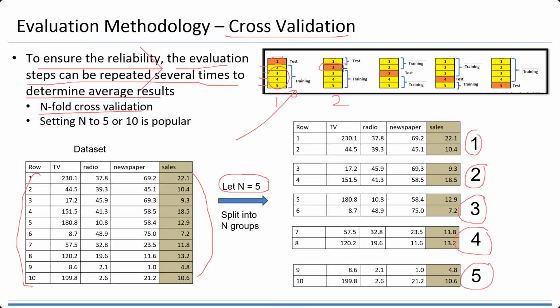The second group will be the testing, and then the remaining will be the training. This is the third iteration. The first and second, fourth and fifth will be the training, and the number 3 will be the testing, and so on. So we will do the repetition until 5 times. This is what we call as n equals to 5.